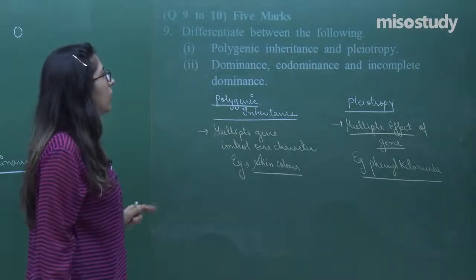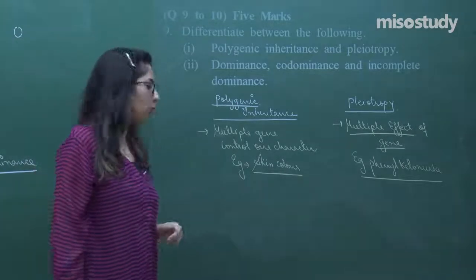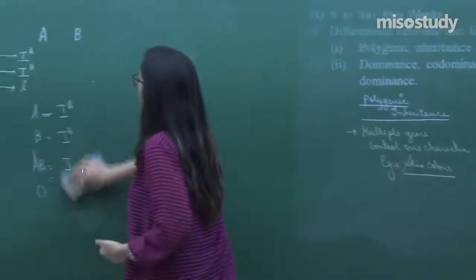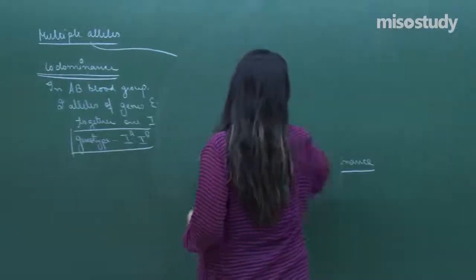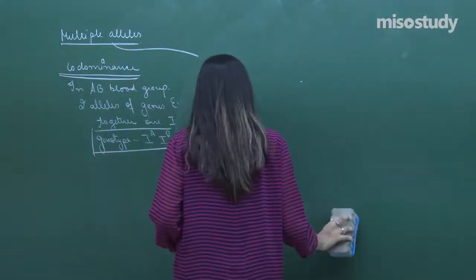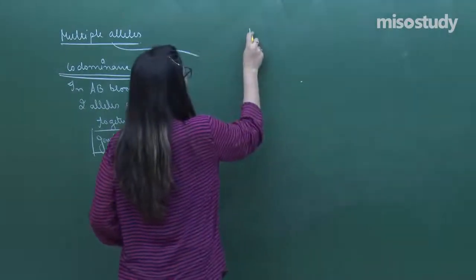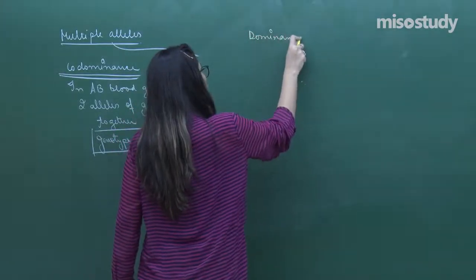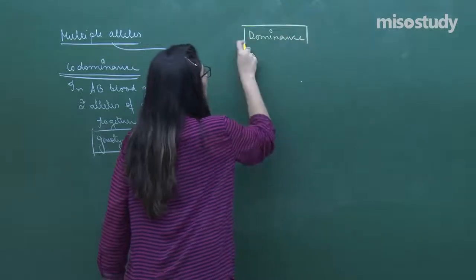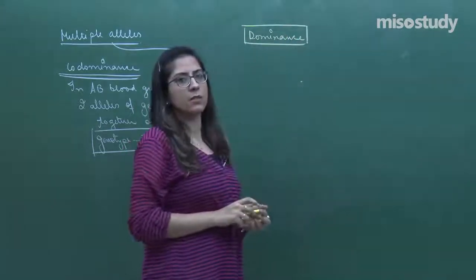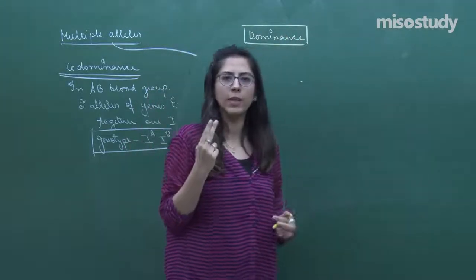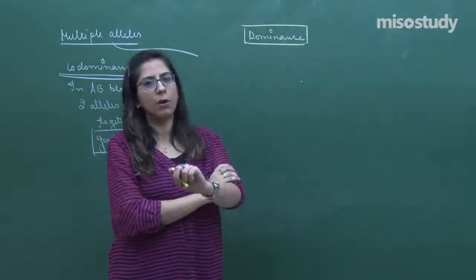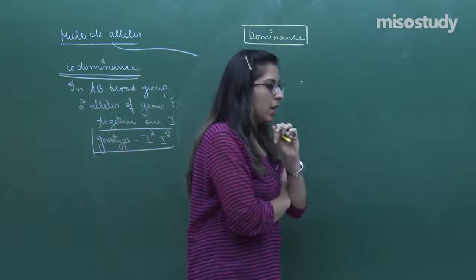Let's discuss dominance, codominance and incomplete dominance. Dominance. We know one gene has two alleles. One of the alleles is recessive and the other is dominant when we talk about a heterozygous condition.